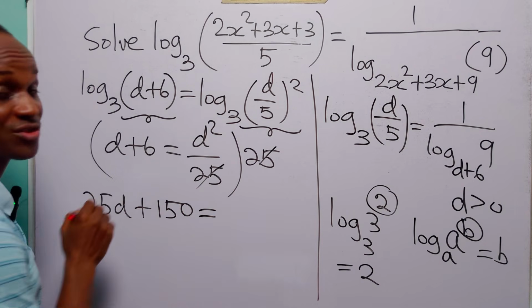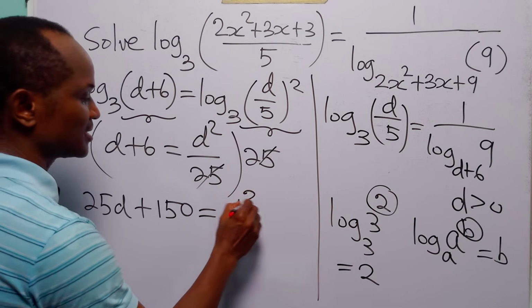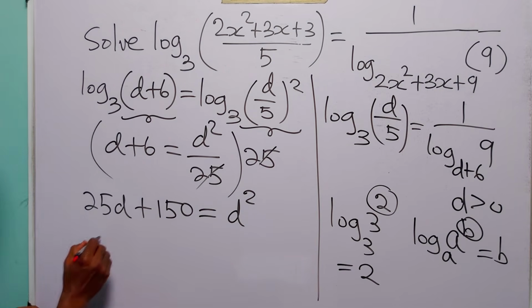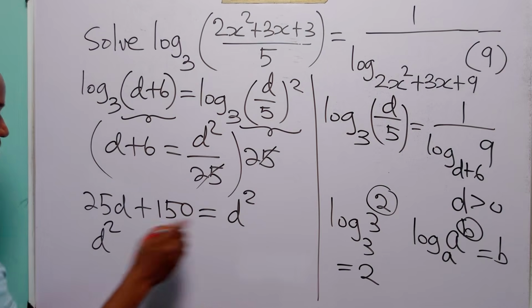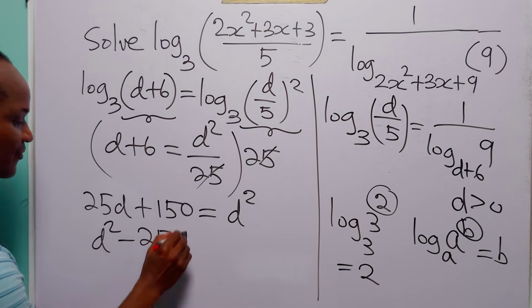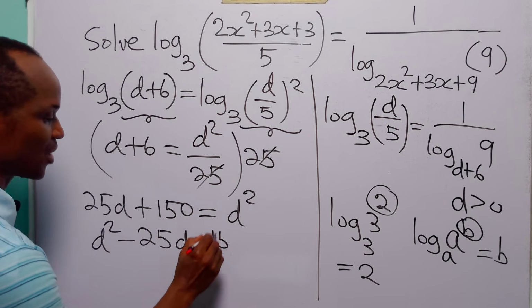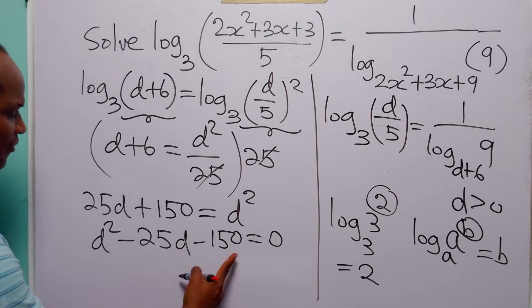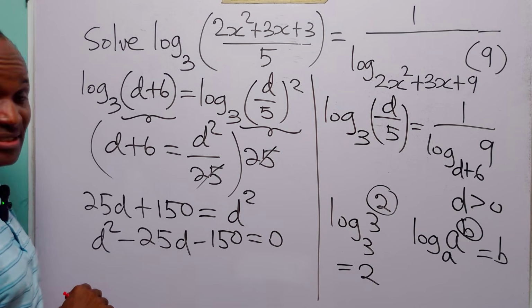And of course, this is going to cancel that to leave us with d squared on the right hand side. Rearranging this equation, we have d squared minus 25d minus 150 is equal to 0. Now we can solve this quadratic equation by factorization.